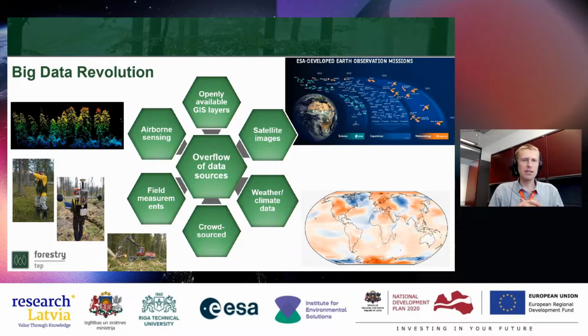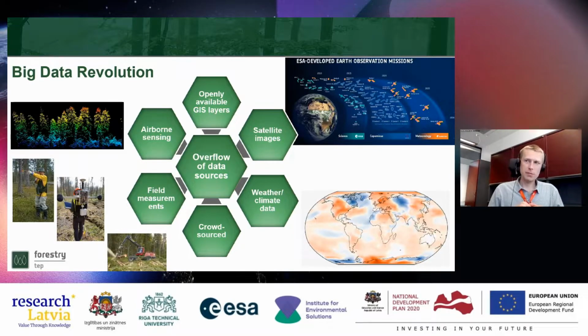And at the same time, the amount of data that we have to use to do this monitoring is rapidly increasing. First of all, of course, as we are now here in the ESA session, there are all the satellite data sets. The volume of satellite data available has really exploded over the past 10 years. But this is not all. In addition, we have different types of airborne sensors.